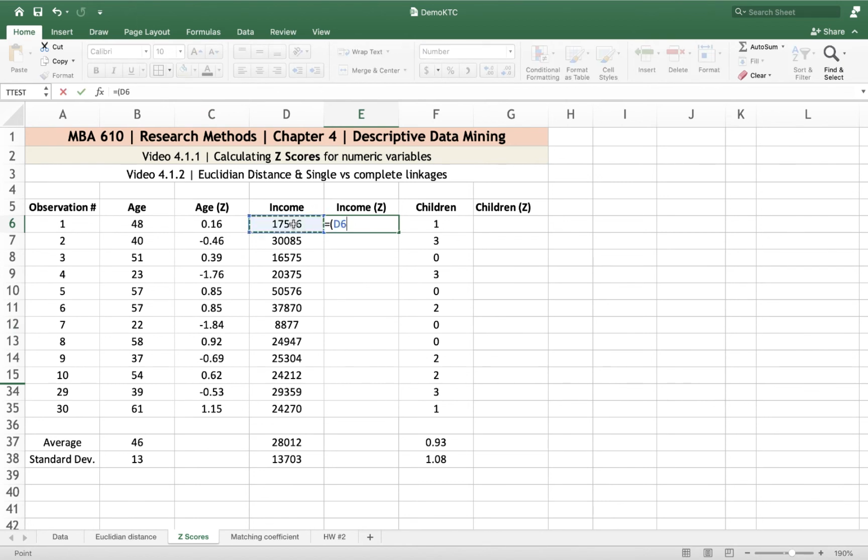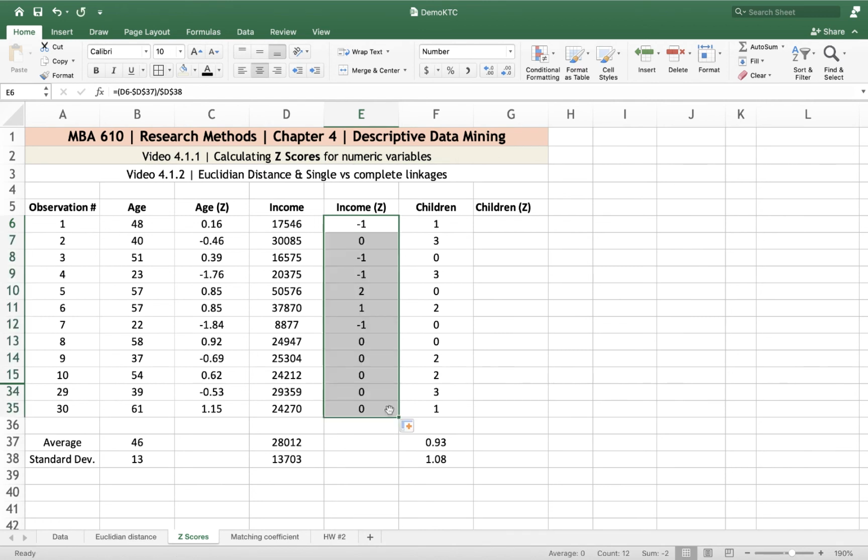I take my observed level of income for the person or the observation that I'm looking at, and I subtract the sample average, making sure to absolute reference that sample average. I then divide by the sample standard deviation, again using an absolute reference. I'm going to drag this down, and I'm going to add some decimals here so that I can see at least to 2 decimal places how many standard deviations away from the mean each individual's income is.